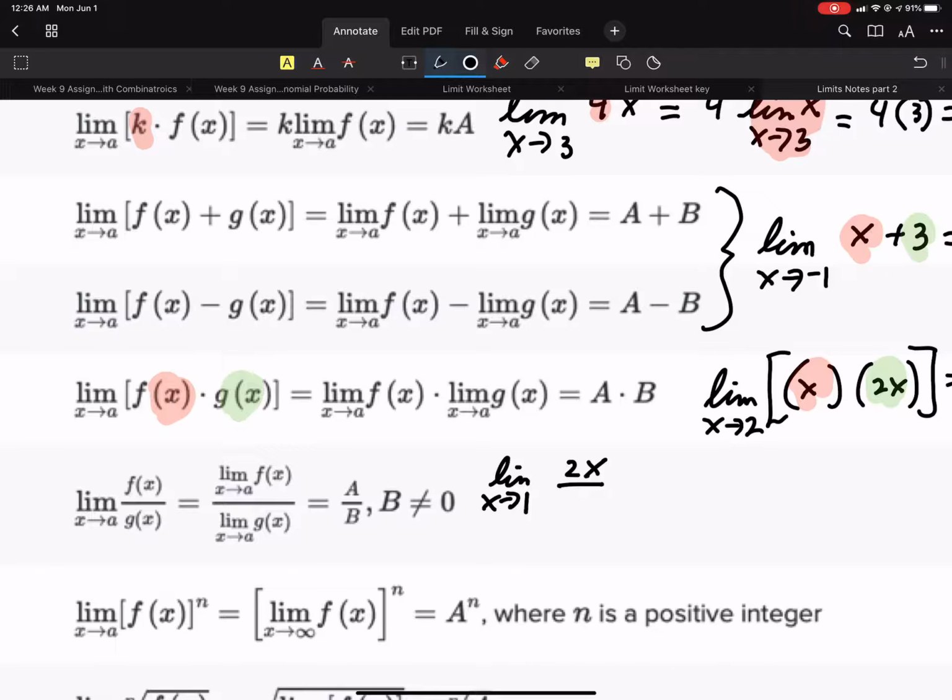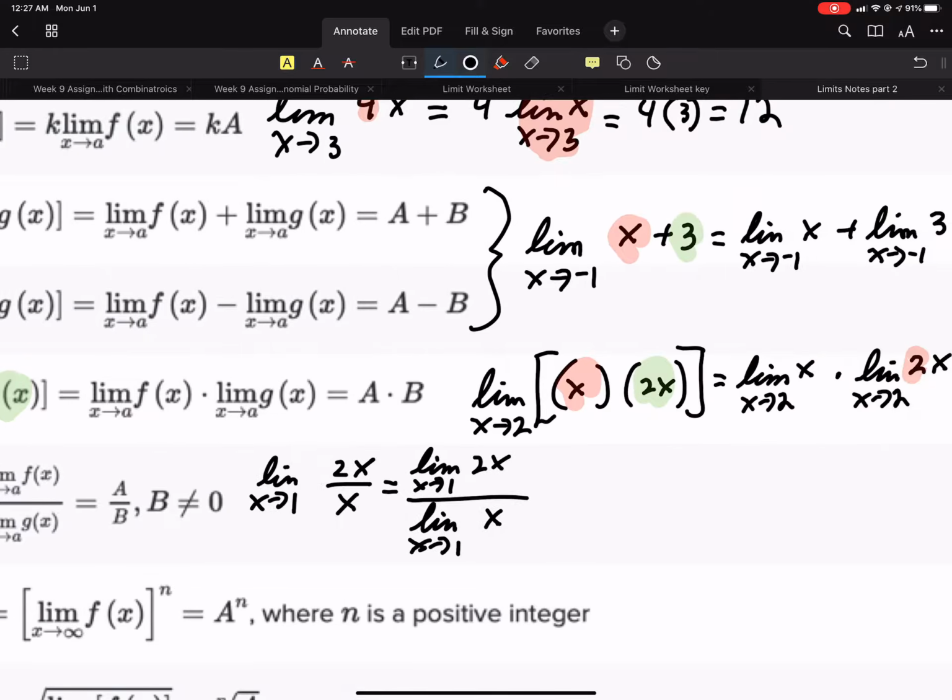Now again, because you don't have a large set of functions you're able to do the limit of, I have to do some simple ones. And you're going to say, well, won't the x's just cancel? Yes, they would. But assuming we didn't notice that, the rule says I can take the limit of the top and the limit of the bottom and divide them. So the limit of a quotient is a quotient of the limits.